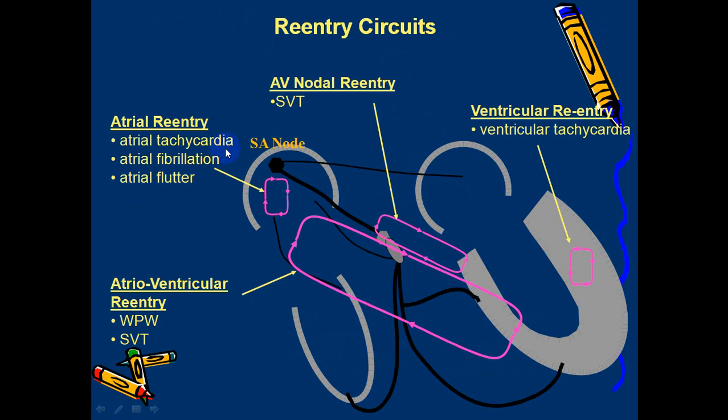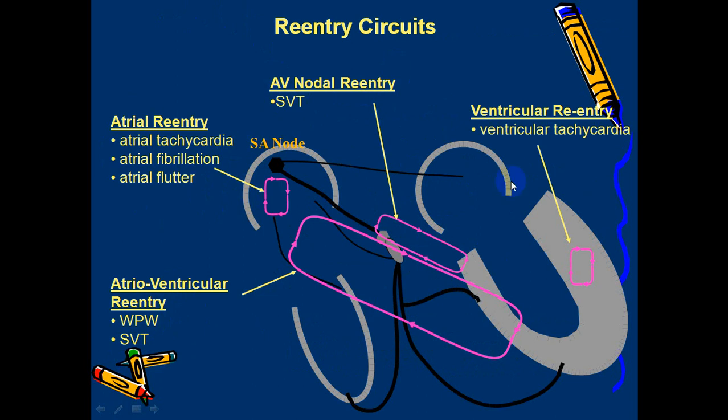like atrial re-entry, which includes atrial tachycardia, atrial fibrillation, and atrial flutter; atrioventricular re-entry, like Wolff-Parkinson-White syndrome and supraventricular tachycardia. There is AV nodal re-entry, which causes SVT, of which there are two types.